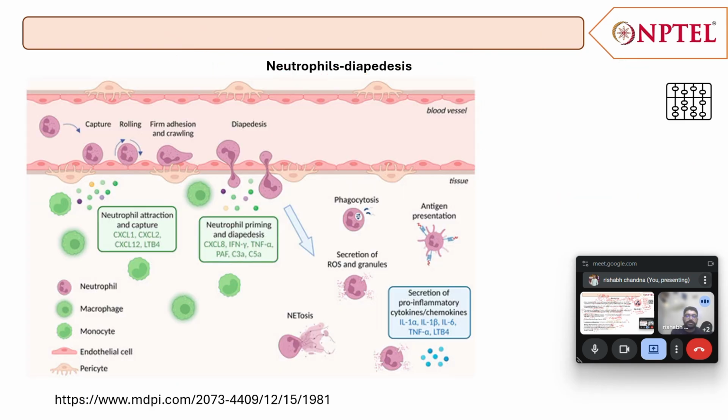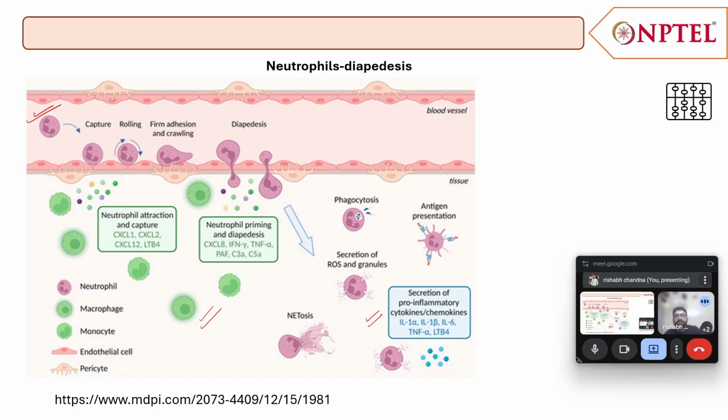This is a basic diagram of the diapedesis, how it happens. These are the circulating neutrophils that are there in the blood vessel. They get a signal from the immune cells in the tissue that there is a pathogen that has entered the tissue.